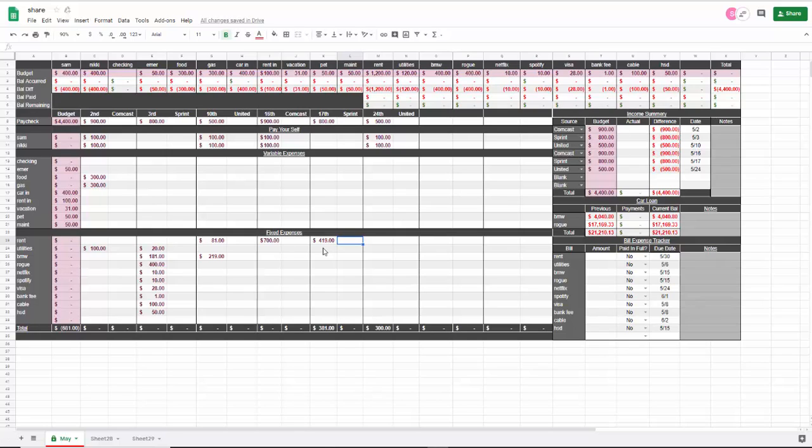I pay our rent around the 25th of the previous month, so that's taken care of. So then the next thing would probably be the car insurance. And that leaves $19.